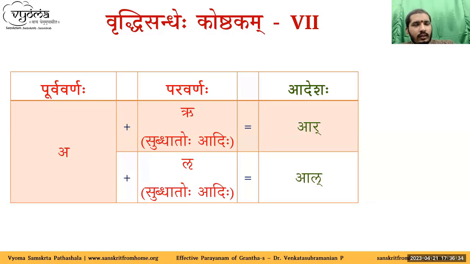So don't worry much about what a Subdhatu is. Whatever we are discussing today is a little bit advanced, so even if you don't get all the aspects of this, don't worry much.